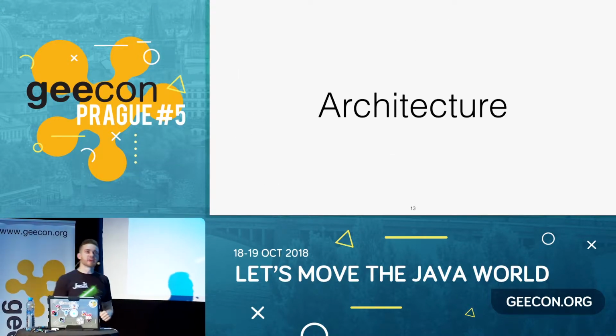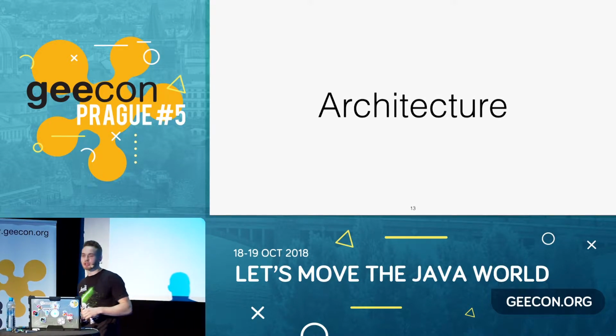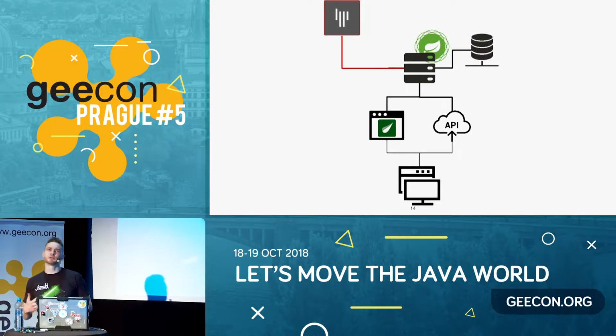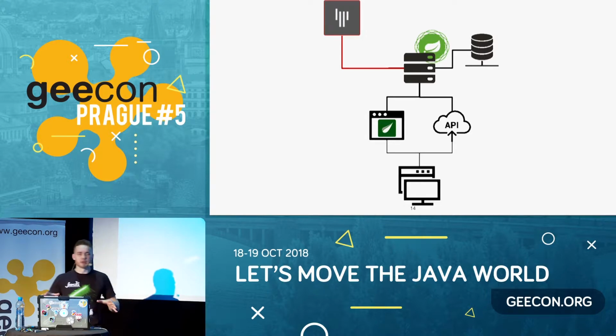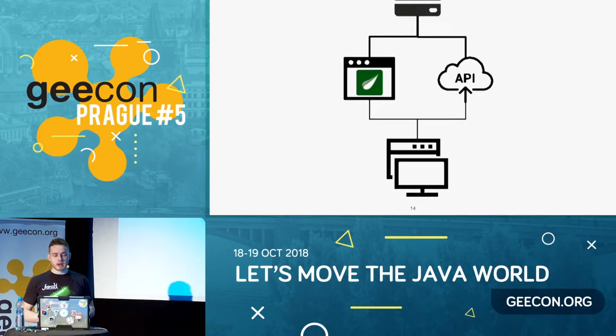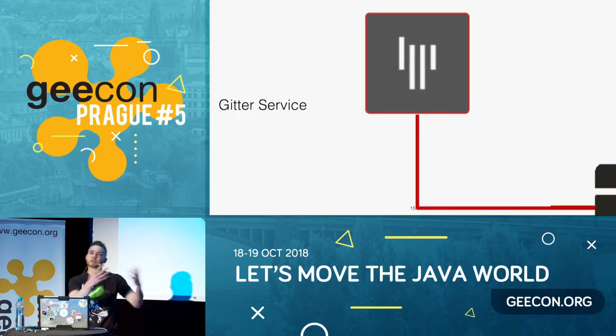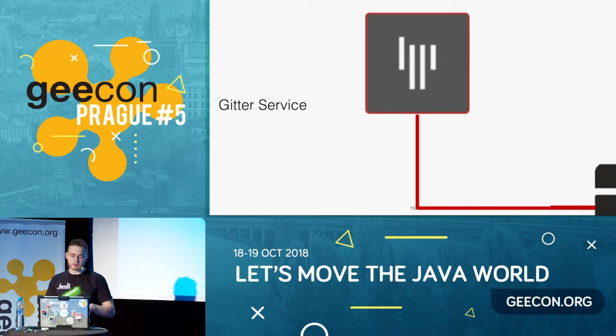All right, the next point that we are going to understand is the architecture of our application. The architecture is really straightforward, plain, and similar to our technology stack. Here we have a user client, which is an essential part of a web application. On the other hand, we have the Gitter service, which allows us to consume some messages from it.